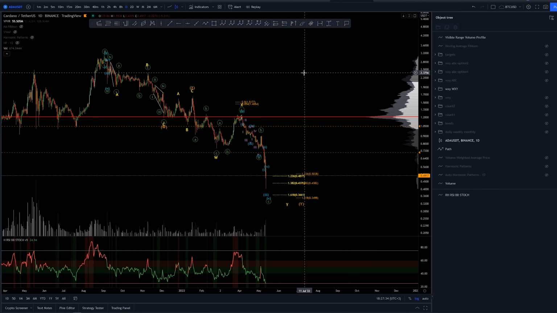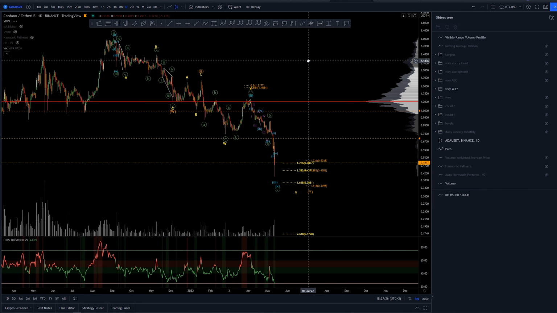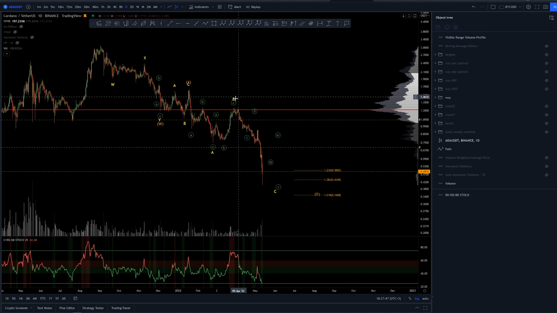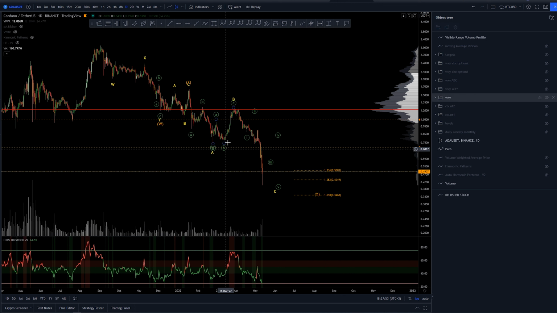But here is the count I actually like quite a bit. It is very similar to the count I presented here. So instead of this being the B wave, because this structure here, even if it's ABC and this is ABC, this can't be a B wave. Why?